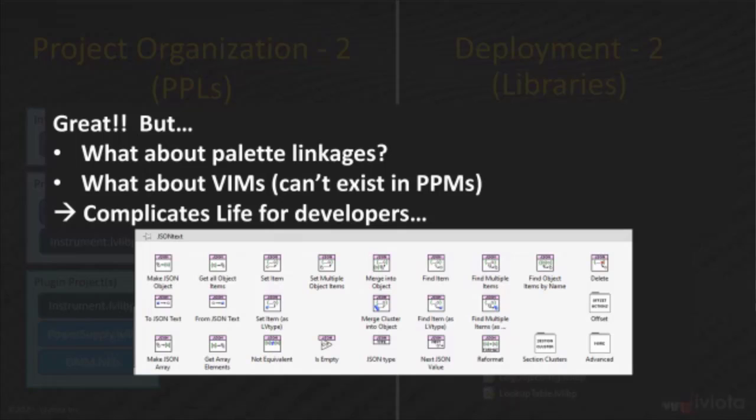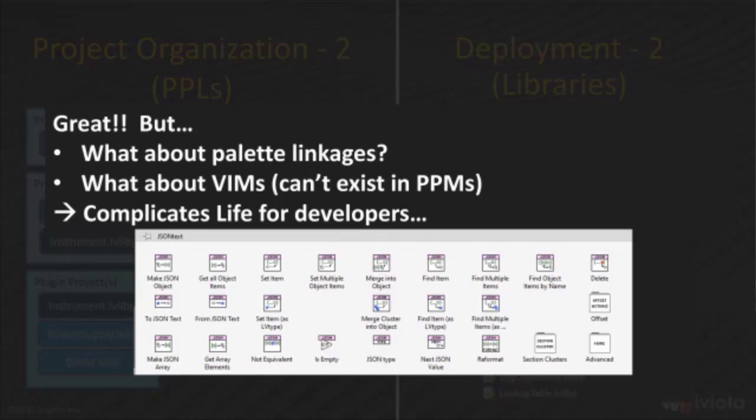If your palettes are referencing the raw libraries on disk, and your project has the packed project libraries on disk, they're not compatible. And this causes a lot of problems from a development perspective. So this was one of the problems that we had to solve, and I'll talk about how we solved it in some of the coming slides.